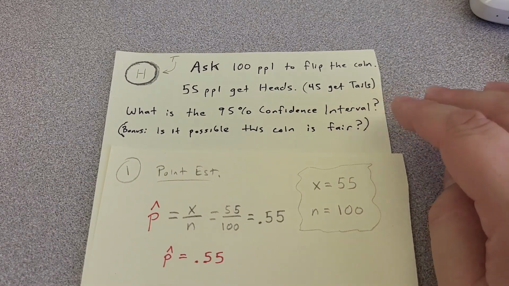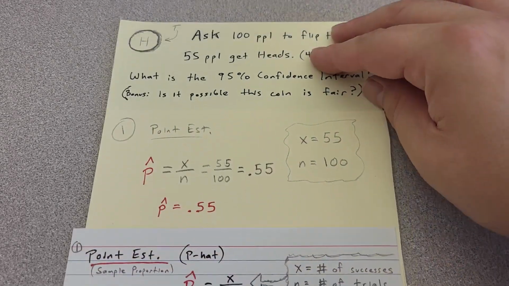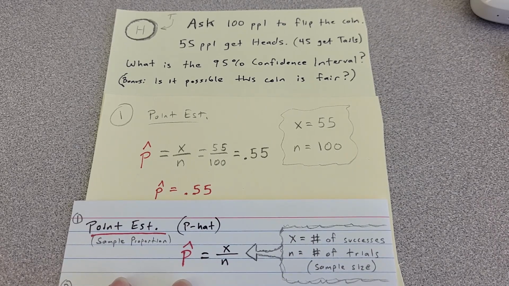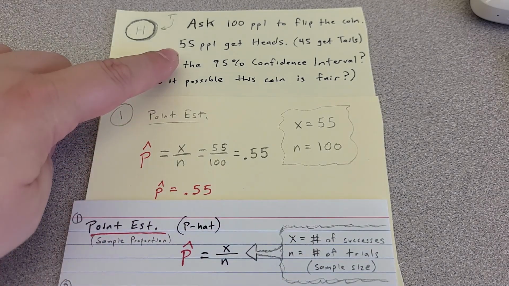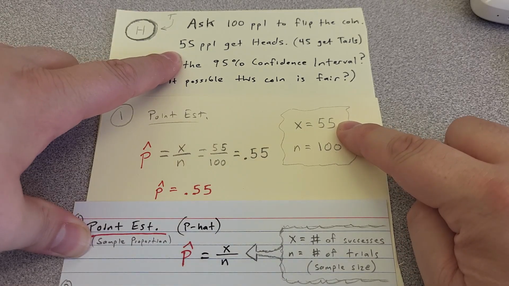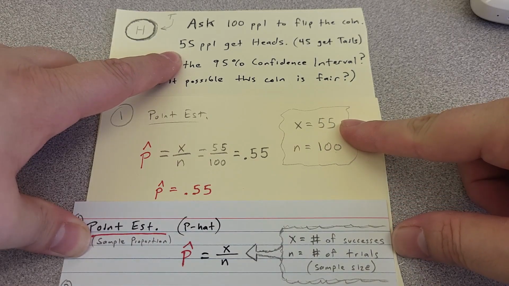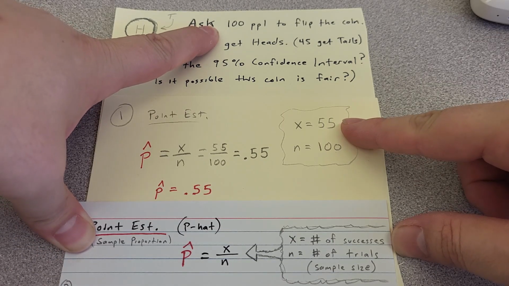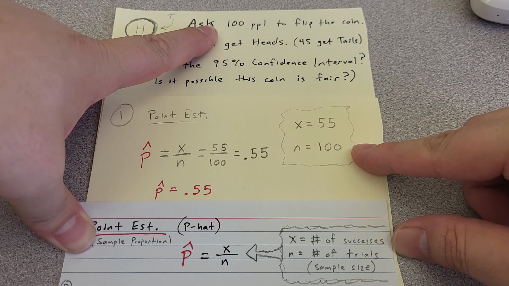The question tells us that if we let success be getting a heads, then our number of successes is 55. That's our x. And we tried this with 100 people, so our sample size is 100.